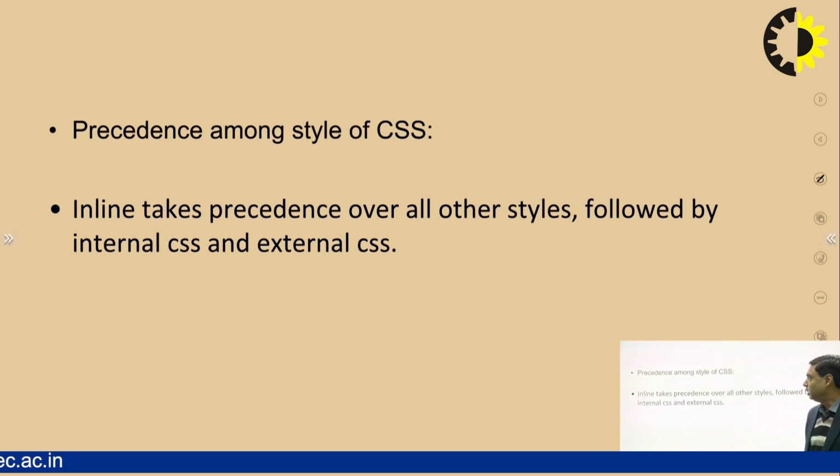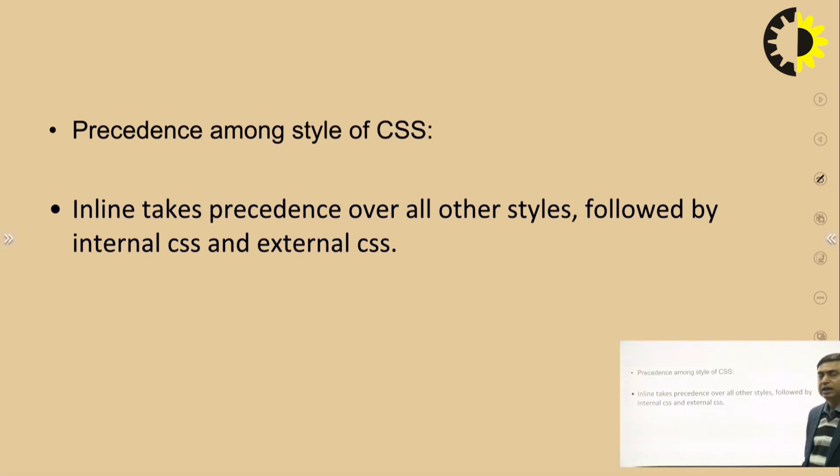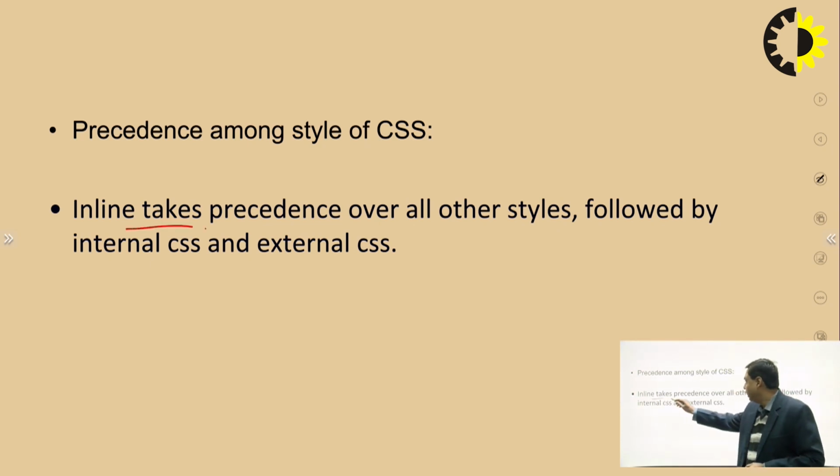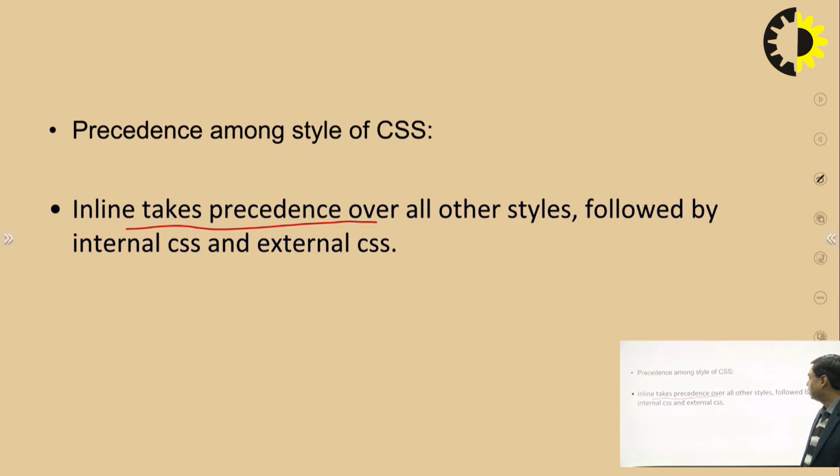Now the important part is the precedence among the styles of the CSS. If you define the precedence, we can say inline takes the highest precedence over all other styles. So if you apply the same type of CSS or different types of CSS on one element, inline CSS has the highest precedence, then the precedence comes to the internal CSS, then to the external CSS.